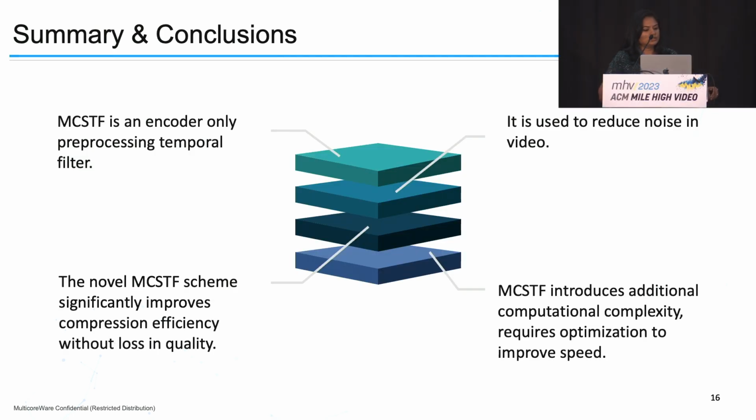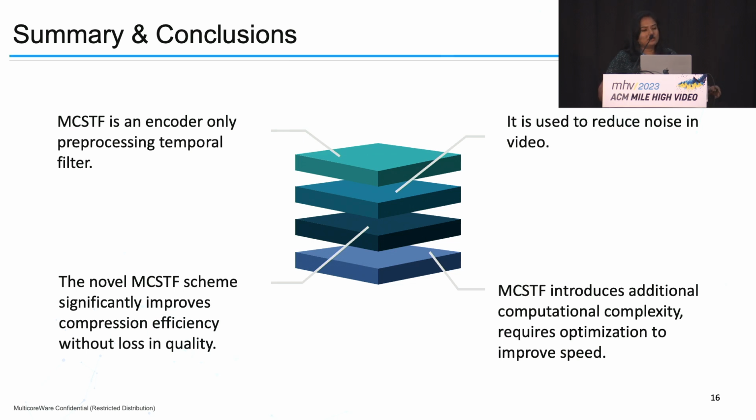So in conclusion, MCSTF is an encoder-only temporal filter applied during pre-processing. It is overall used to reduce the noise in the video sequence, and the novel MCSTF algorithm that we proposed has a better coding efficiency gain compared to HM, and overall it helps us to improve the compression efficiency.